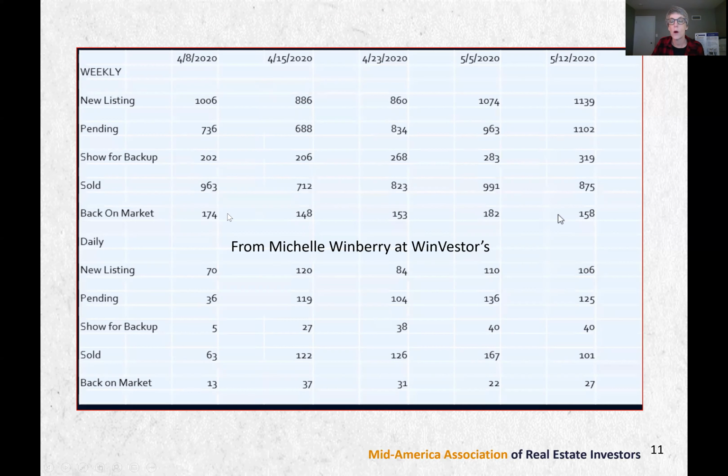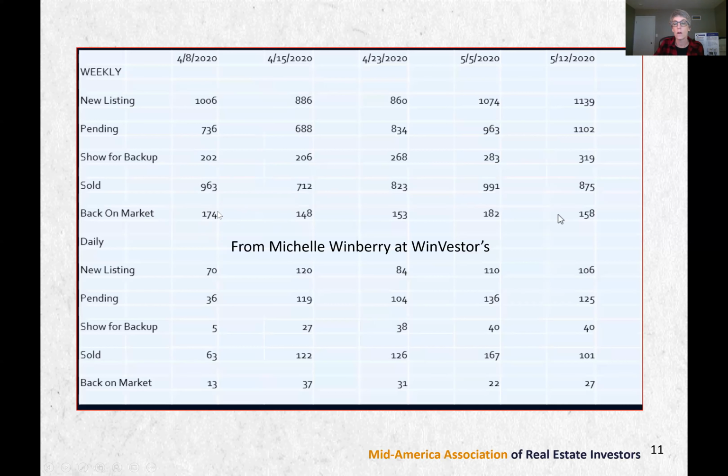And then back on the market, houses that were under contract that didn't sell, they relisted them. And I'm going to say it might also include houses that were taken off the market temporarily and then put back on the market as well. So they had it listed, they took it off the market, and we didn't track that number, but they took it off the market because they didn't want people in their houses, and then they started relisting them.